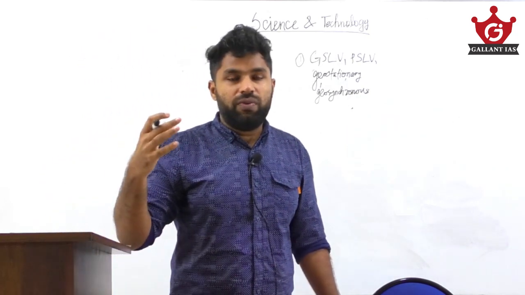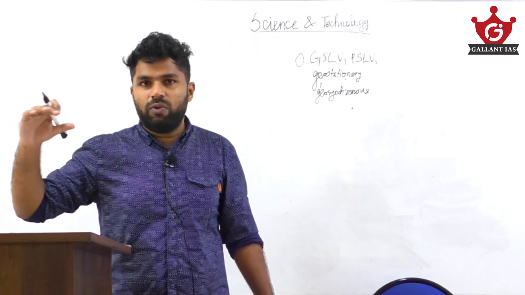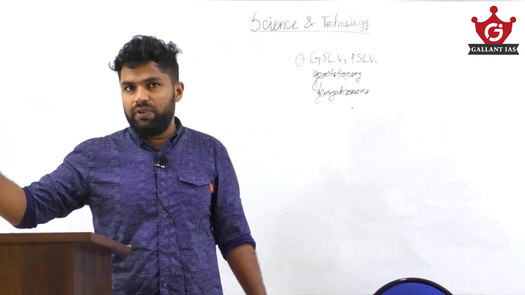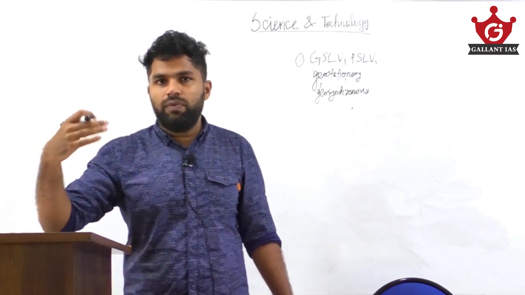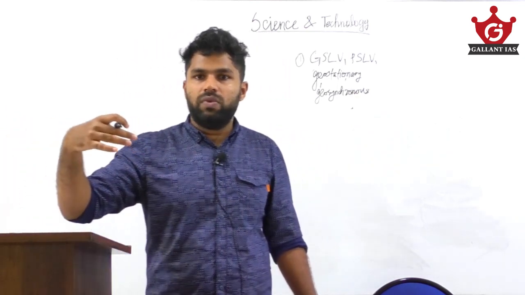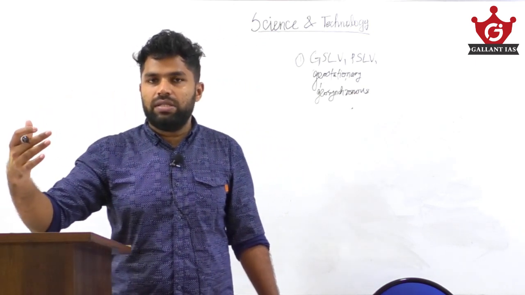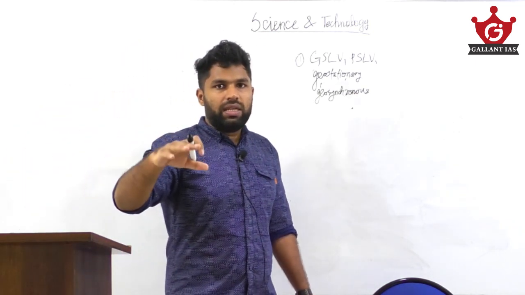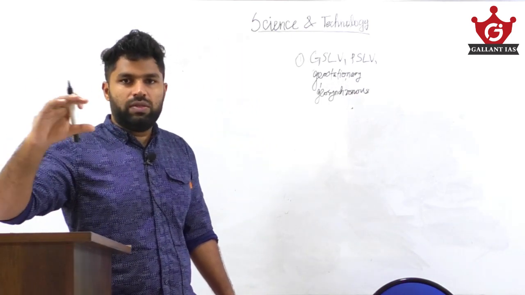These kinds of experiments are in newspapers. So these are current affairs, not a static part. For these questions, you have to read newspapers or supplement with monthly magazines. So that comes as the second classification, that means the experiments and missions of space agencies.